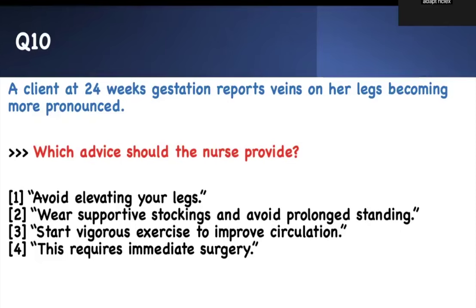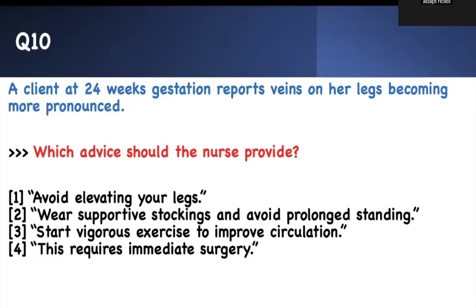Therefore, number one is wrong. If you avoid elevating your leg, blood pools down, you have more engorgement. Stockings and avoiding prolonged standing prevent blood pooling. Start vigorous exercise to improve circulation? It has nothing to do with that. It's due to blood pooling.